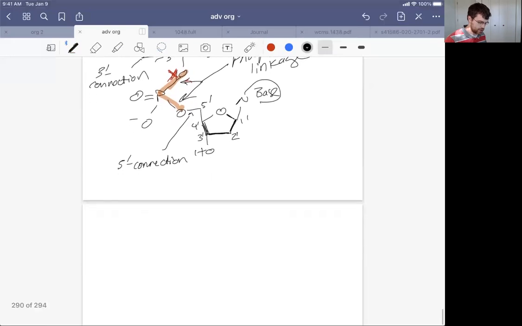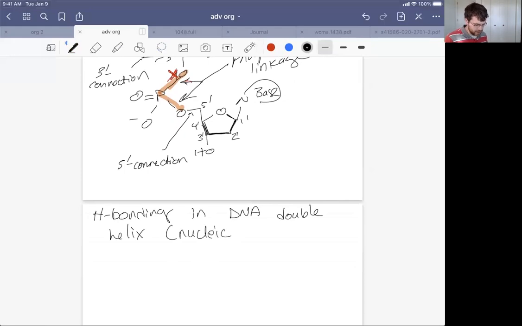What I'm going to do is just scroll up and let's go ahead and look at hydrogen bonding in the DNA double helix. This is what's called nucleic acid complementarity.